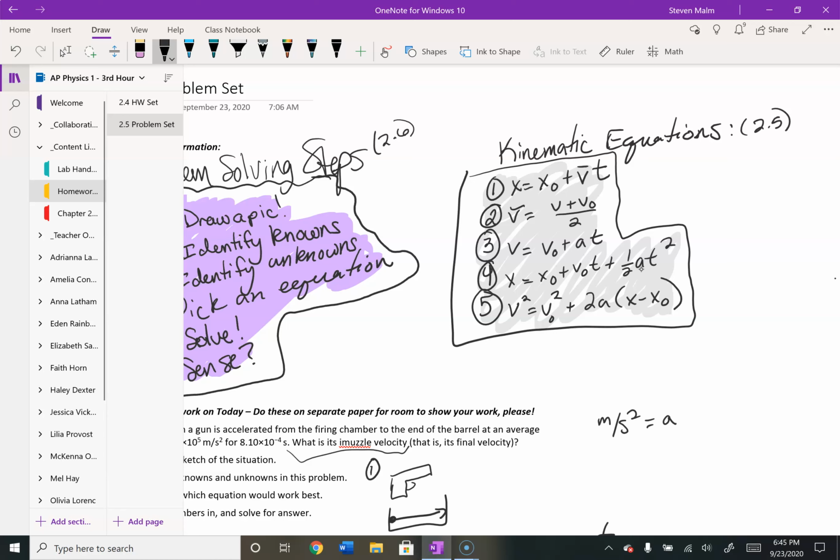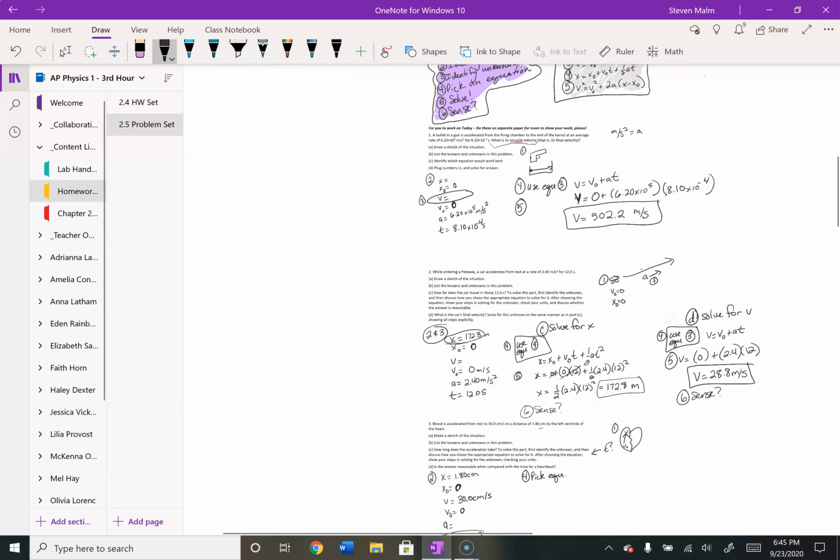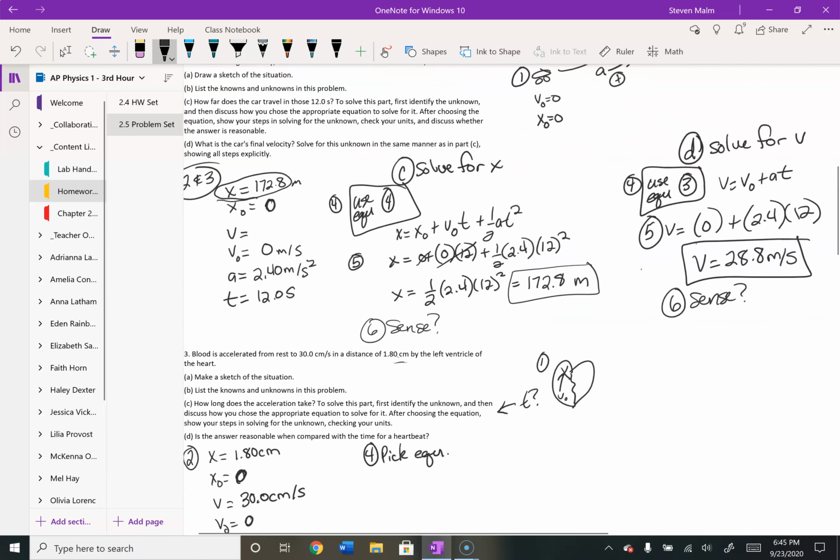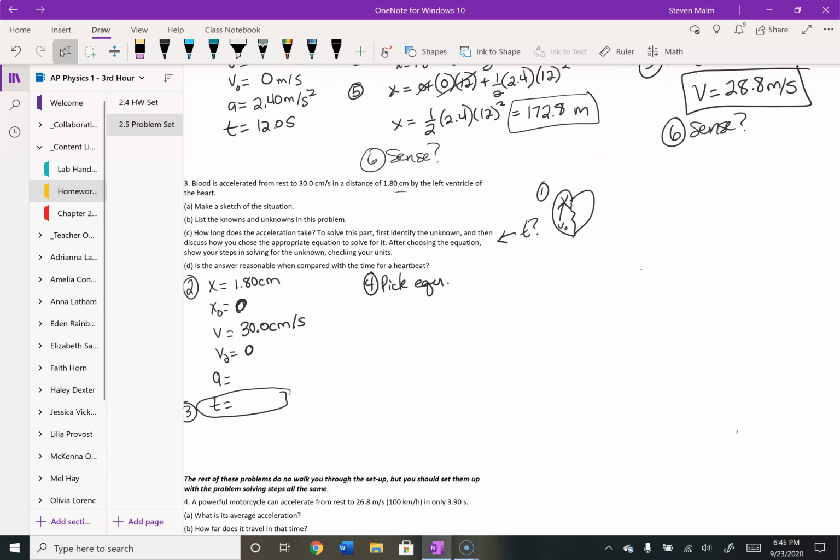So what I'm going to do is I'm going to use equation 5, then I'm going to go ahead and use equation 3. There is one other approach, and that's to calculate V average by taking the final velocity plus the initial velocity, dividing it by 2, and then plugging in those numbers into equation 1. So there's 2 approaches to this problem, and you're going to find that there are 2 approaches to a lot of problems. No matter what approach you pick, you should get the same answers.